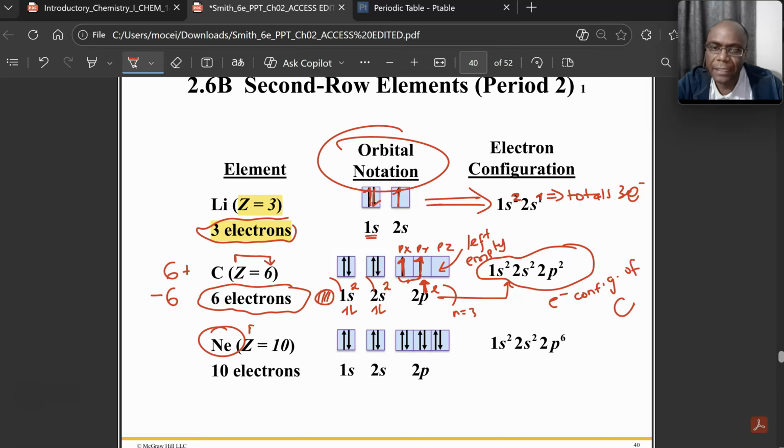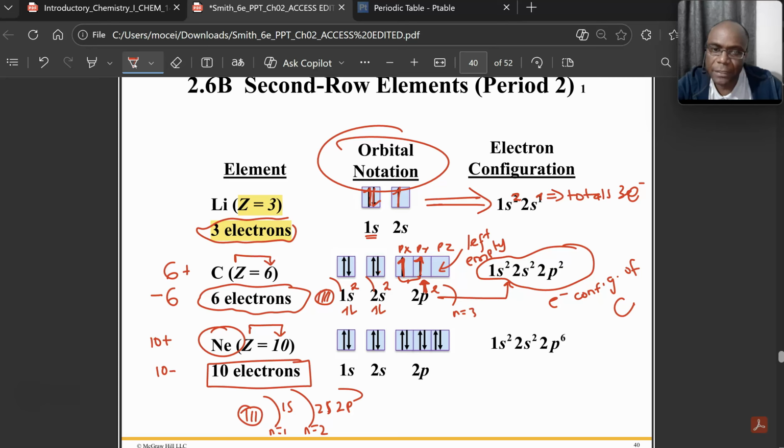Neon has 10 protons. So 10 positives. It needs 10 negatives, and those will come from the 10 electrons. Now again, the first shell n equals 1 will carry 1s. The second shell n equals 2 will carry 2s, and the first time we see the 2p.